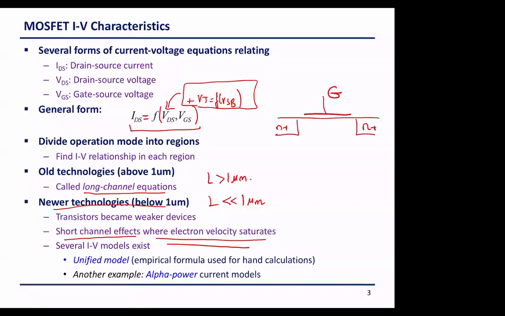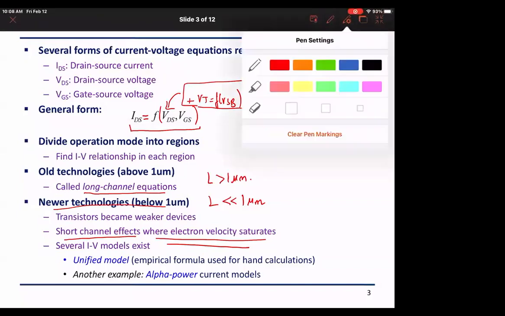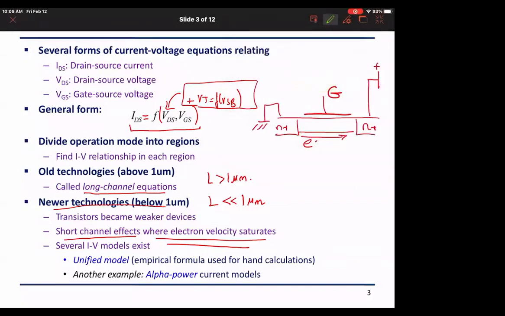If a channel exists because VGS is greater than VT, and if I apply a positive voltage here and a negative voltage or a ground here, the electron is going to be swept to the positive terminal. The distance which the electron crosses is really the channel length.